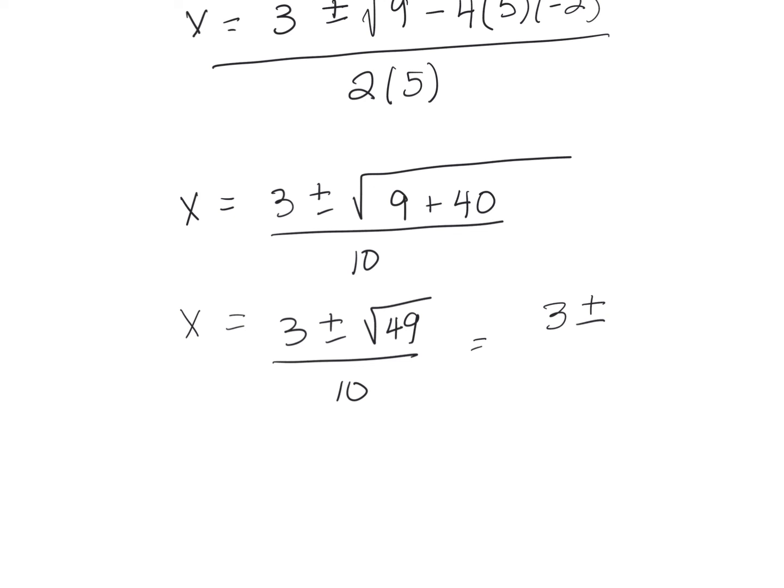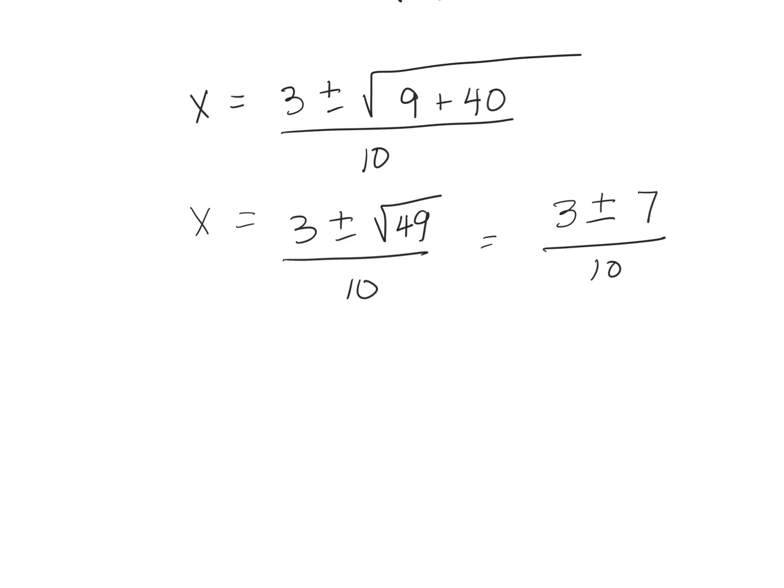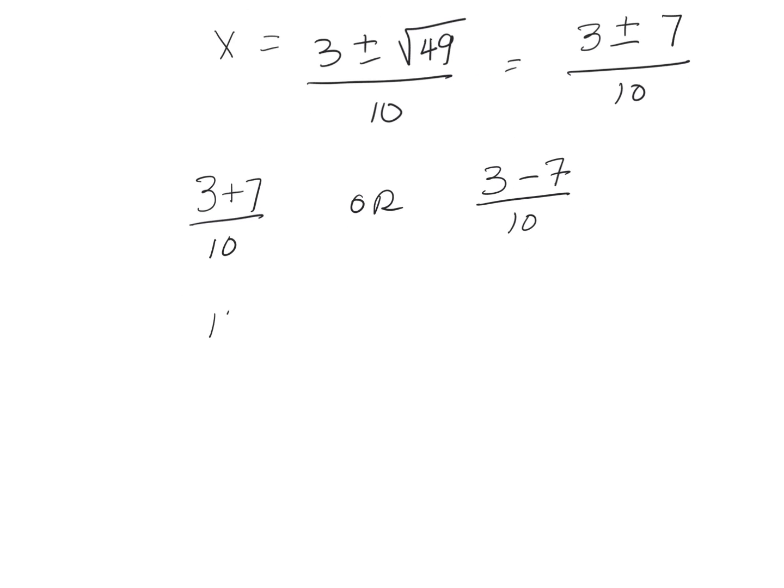Square root of 49 is 7. So we have 3 plus 7 over 10, or 3 minus 7 over 10. So 10 over 10, or negative 4 over 10. So 1 or negative 2/5. All right, there we go.